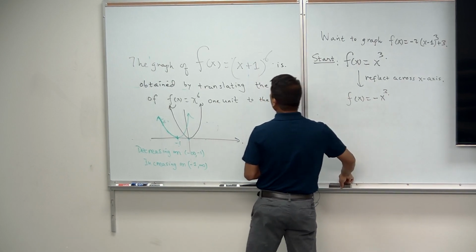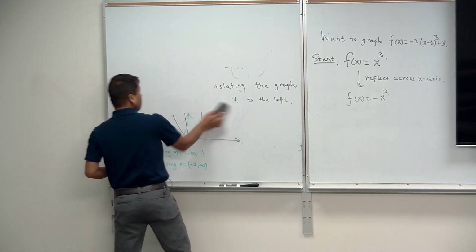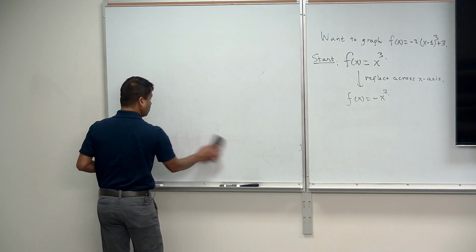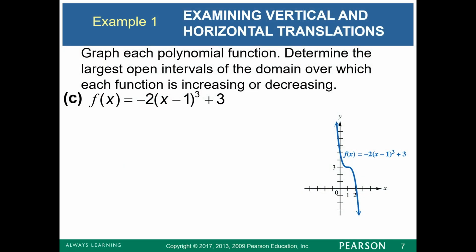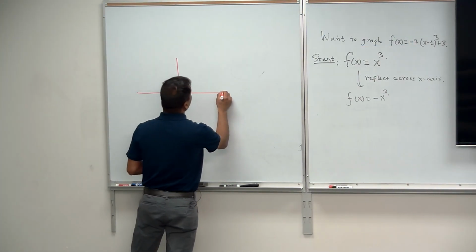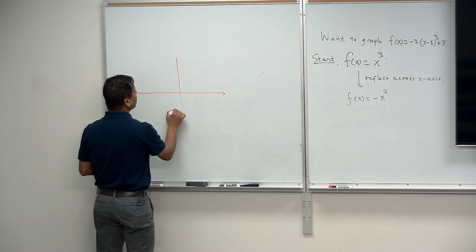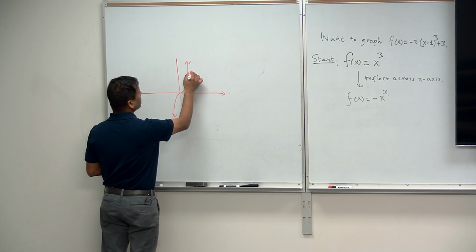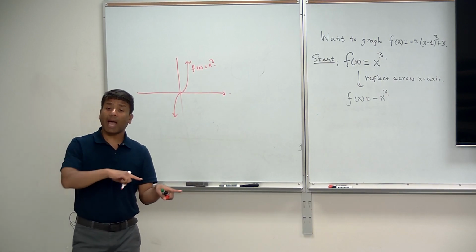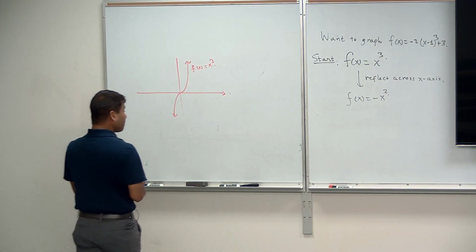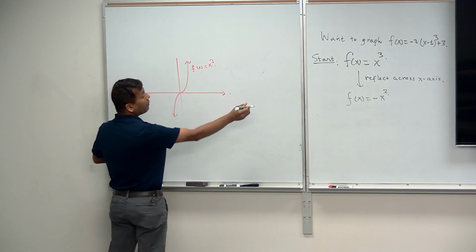So let me grab a better marker. Okay. Now you first draw the graph of f(x) equal to x cubed. You guys know the graph looks like this. You reflect that across the x-axis, so f(x) equal to -x cubed.